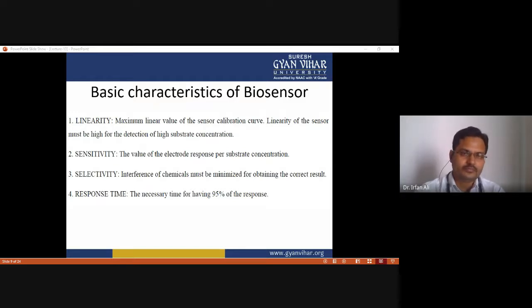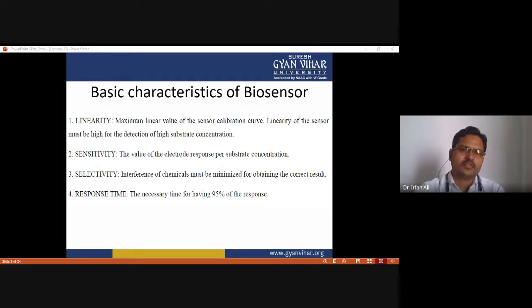Okay, and as we know, a biosensor is a device that uses a specific biochemical reaction mediated by isolated enzymes, and sometimes the immune system, tissues, organelles or whole cells, to detect a chemical compound, usually by electrical, thermal or optical signal.